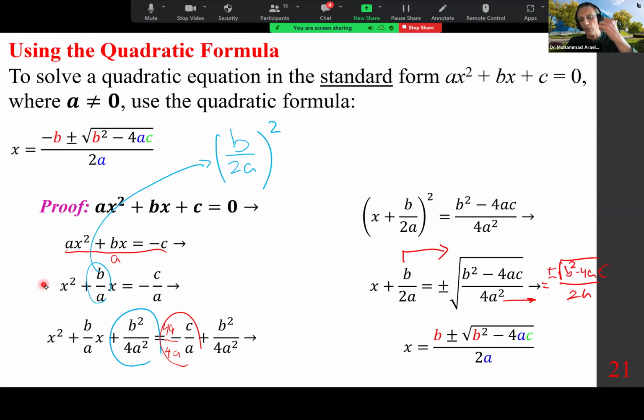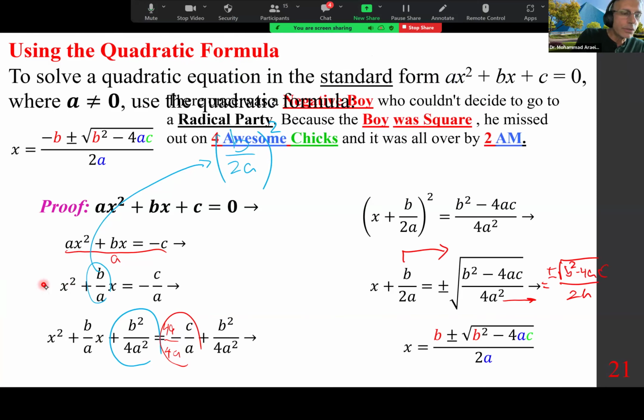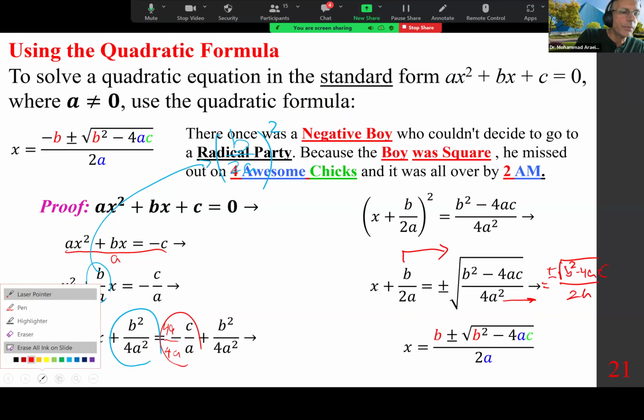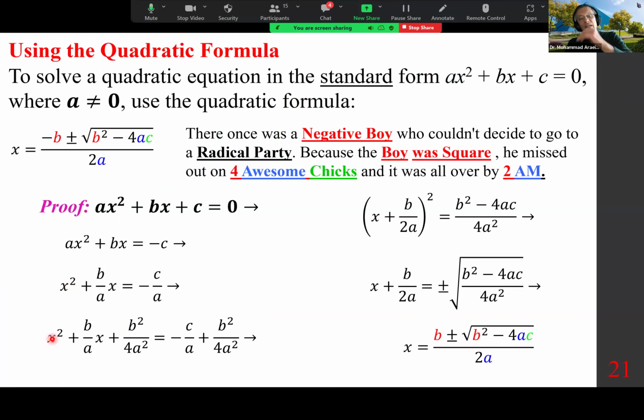Now, what I'm giving you, this is what I heard from one of my students, everybody. It's not mine. She said, here's one way to memorize that. Some of you may have heard of it. It says, there once was a negative boy who couldn't decide to go to a radical party because the boy was square.